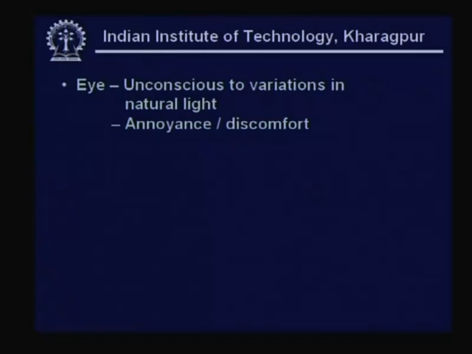This also we have noticed very clearly, and we are able to see very clearly what is placed in front of us. So, these variations are unconsciously taken care of by our eye without any annoyance or discomfort.